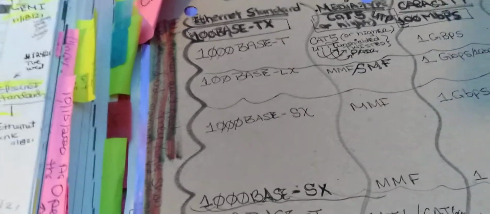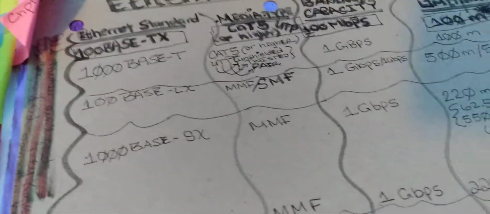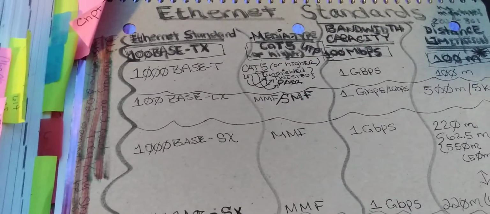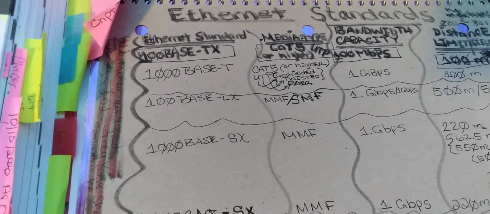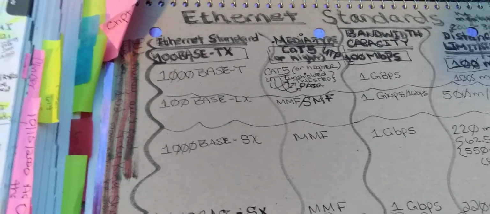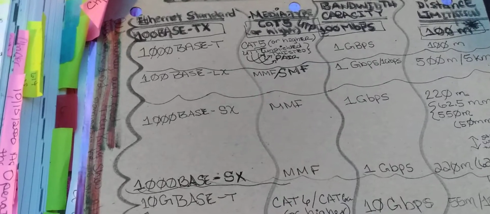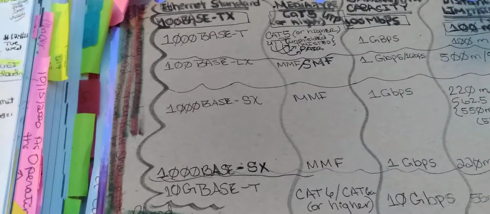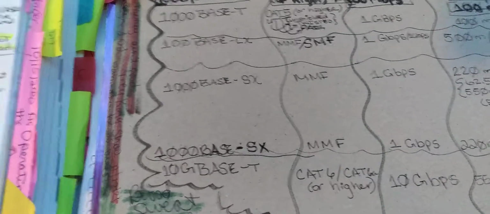This is just a reference table right here that I'm showing you, for our understanding of the various speeds and distance limitations, and what kind of fiber or what kind of copper we will use.